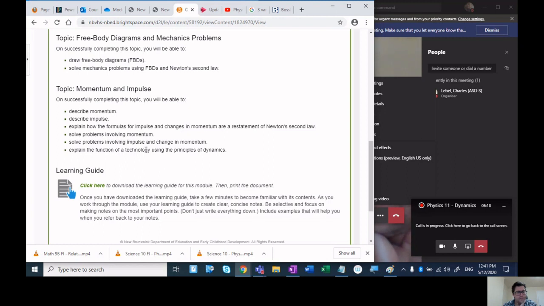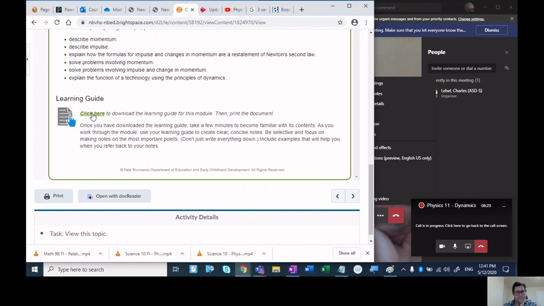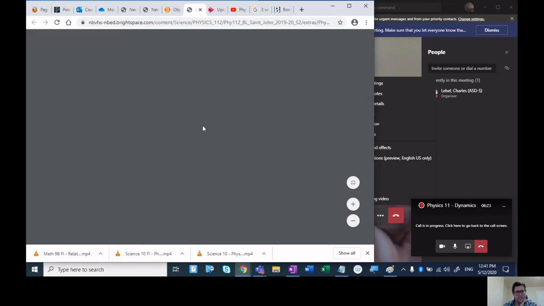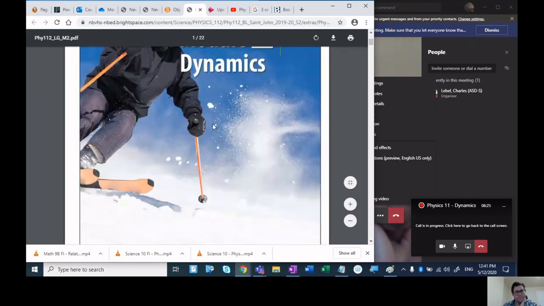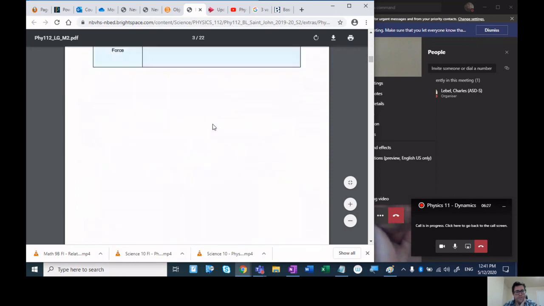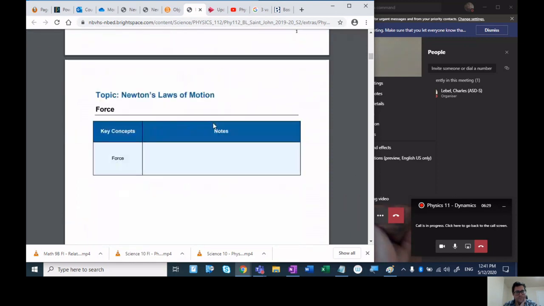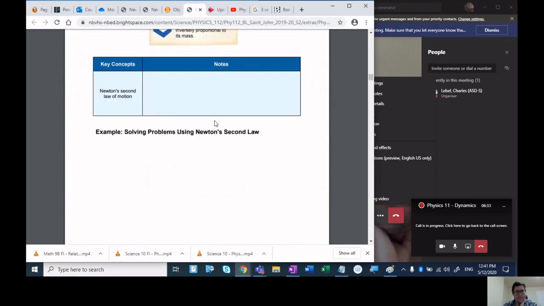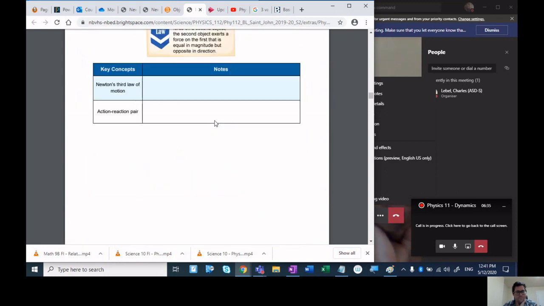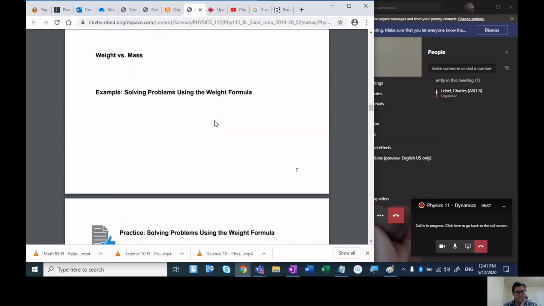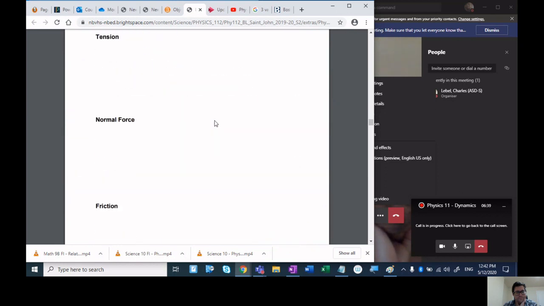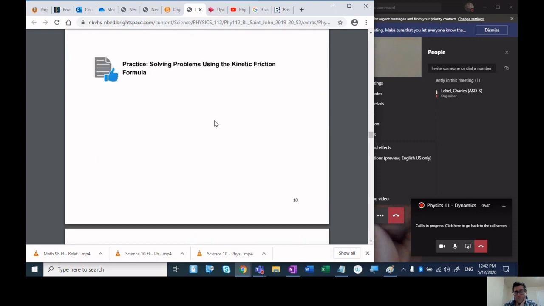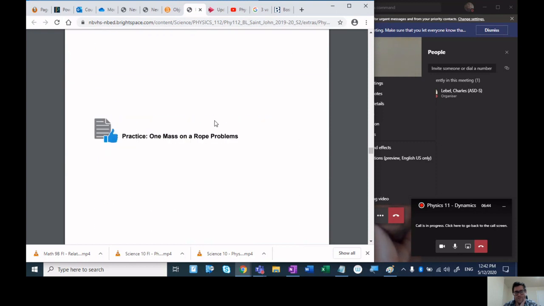Function of technology, learning guide. Let's take a look at it. It's a big document. Okay, so you can keep some notes here. I like it. That's pretty cool. They've kind of organized the knowledge.